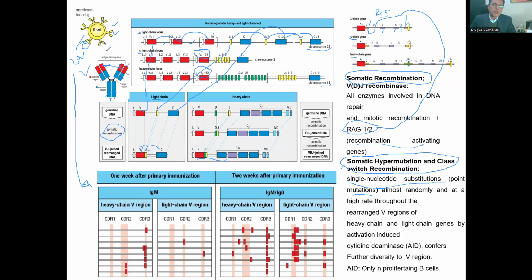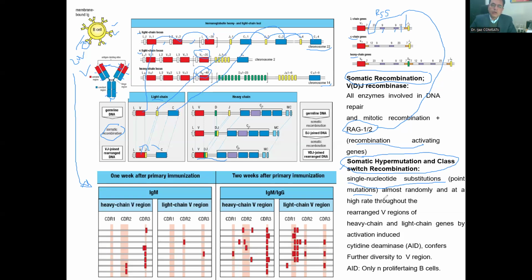So, as I told you, IgM is a pentamer, but its binding strength is weaker compared to IgG, which is the next antibody. It is secreted as a monomer. It has a hinge region. It is flexible, and its binding strength compared to IgM is more.